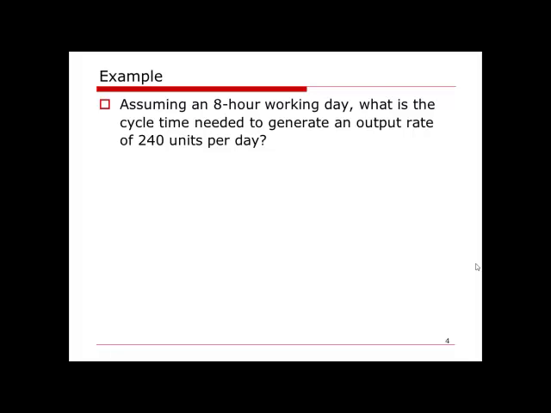Next, assuming an 8-hour working day, what is the cycle time needed to generate an output rate of 240 units per day? Here we have the length of the working day, which is the available working time, and the required output rate is 240 units, and we need to calculate the required cycle time.